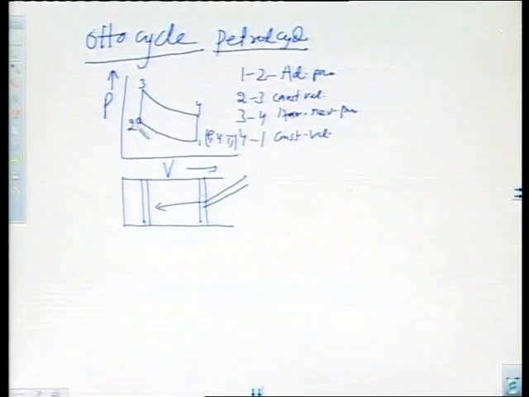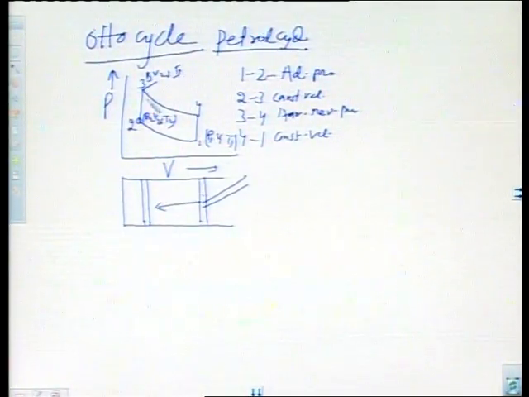As you know, the compression is there, that means the pressure changes, volume changes, temperature changes. Again, in the 2 to 3 process, the heat is added into the cylinder at constant volume. That means here the volume remains constant, pressure changes, temperature changes.